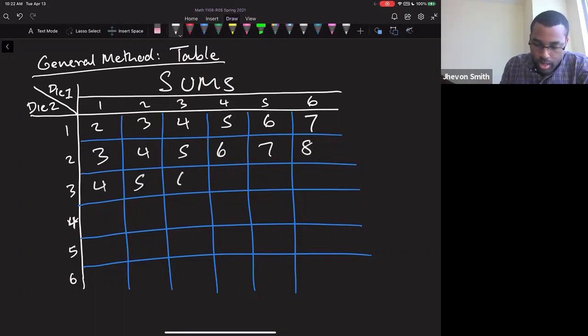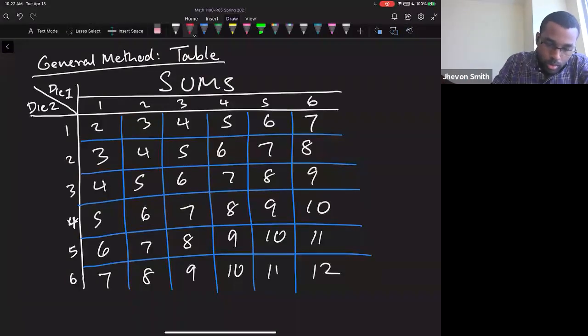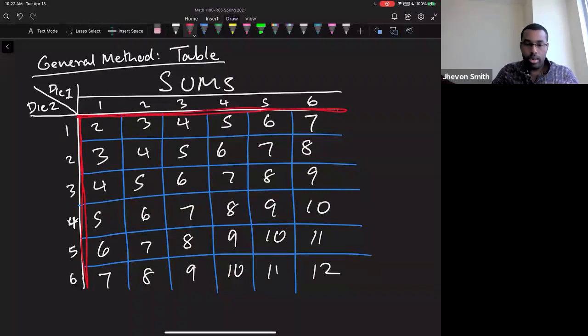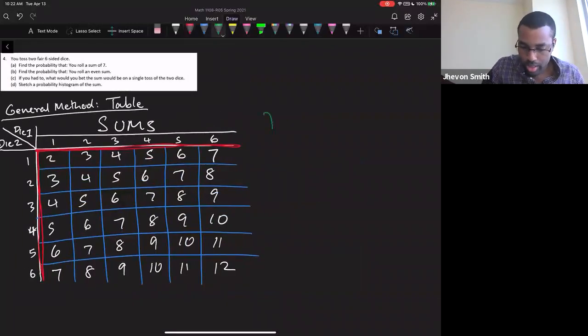This is 4, 5, 6, 7, 8, 9, 5, 6, 7, 8, 9, 10, 6, 7, 8, 9, 10, 11, 7, 8, 9, 10, 11, 12. There's a risk here in mixing up the column labels with the actual values in the table. So make sure you don't do that. And again, you only need to draw this table once.